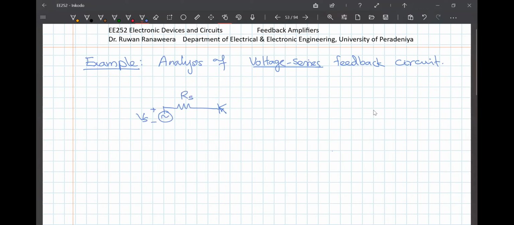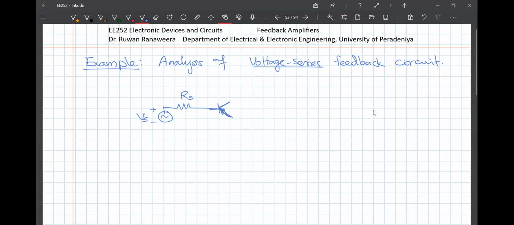This Rs may be the internal resistance of Vs, but in this case we are assuming Rs is not the internal resistance of the source, but it is part of the circuit itself. It can actually be the output impedance of the source also, but not in this case, right? And so you connect it to the base, and you have the transistor.